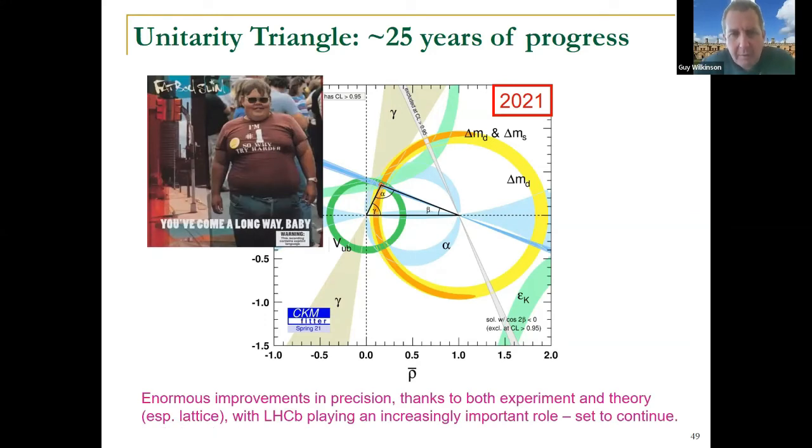It seems at the moment that the triangle is compatible with the standard model paradigm, but we really should try and test this to destruction. We want to measure these parameters as well as we possibly can, and this is what both Belle II and LHCb will seek to do over the coming run and the coming decades.